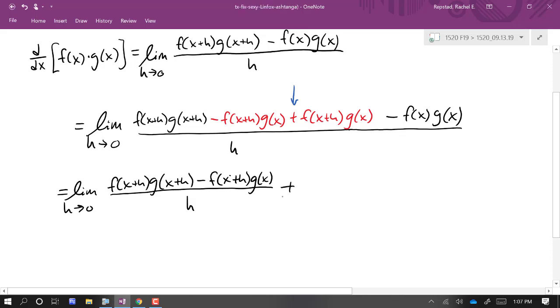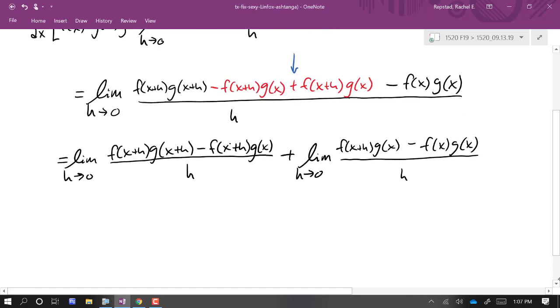Plus, now when I split up that fraction, I'm actually just going to split up the limit as well. We can split up limits over addition and subtraction. So I've got the limit as h approaches 0, and then in the second fraction I've got f of x plus h, g of x, minus f of x, g of x.